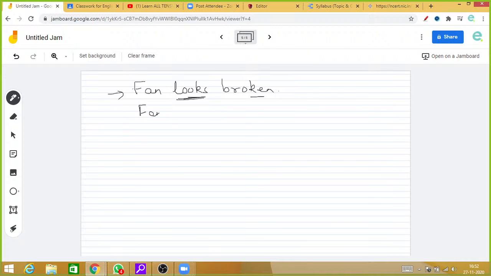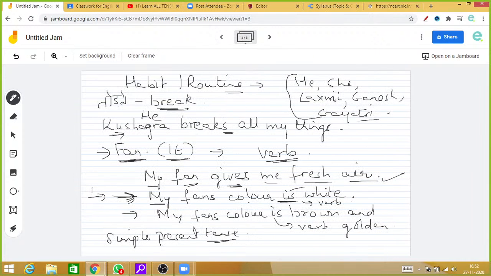Or fan gives, that you have already said, my fan gives me fresh air.